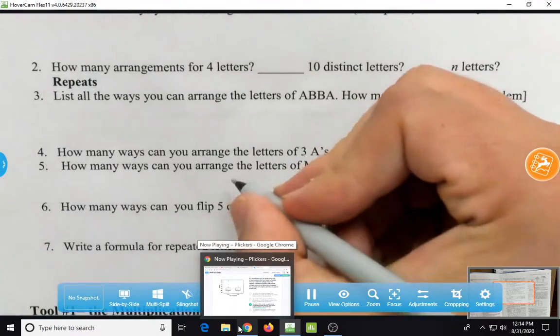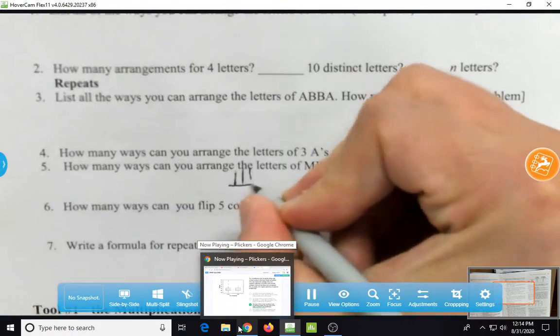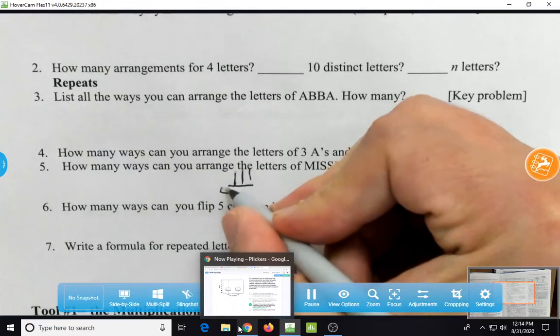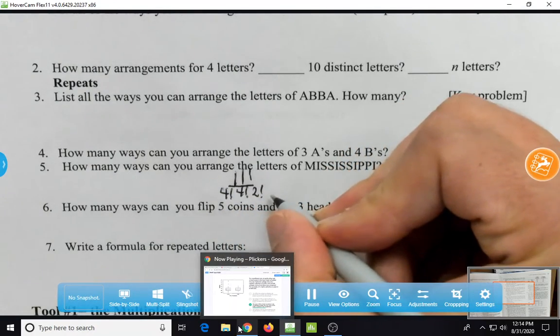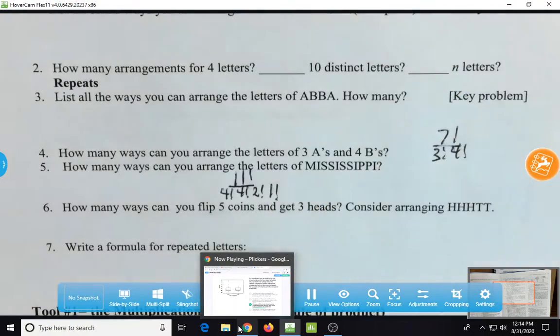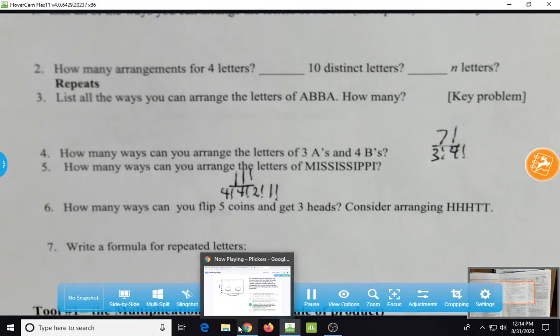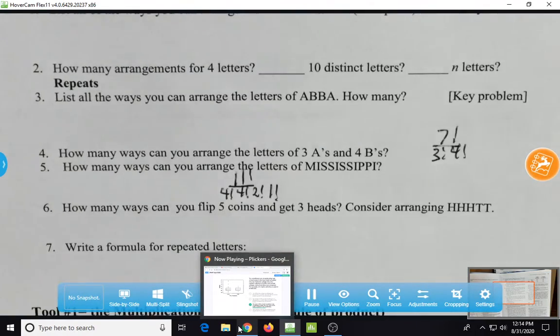And so I hope you figured out 11 factorial over 4 factorial, 4 factorial, 2 factorial, and 1 factorial. Notice that these numbers, 4 plus 4 plus 2 plus 1, have to equal 11.